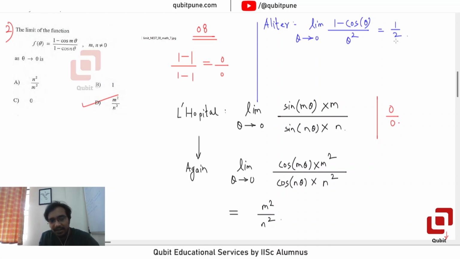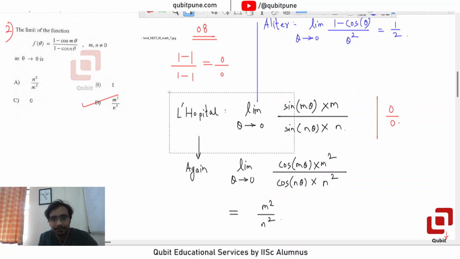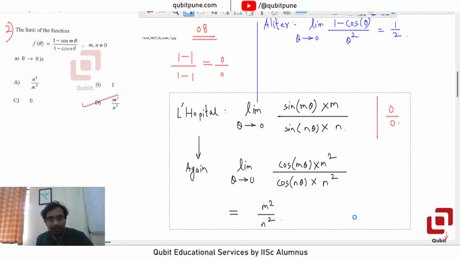You would have done that also. And to do it, basically what you would do is you would divide the numerator by m squared theta squared and you would divide the denominator by n squared theta squared. Okay, let me do it here.